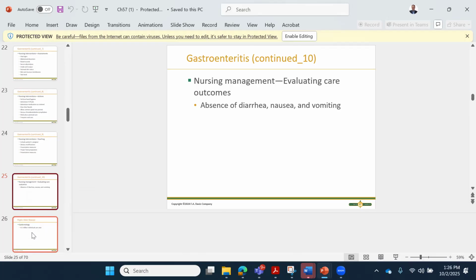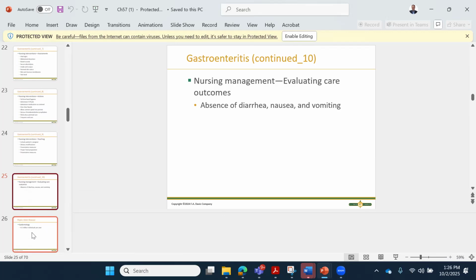Also, it's really important that we all look at what are expected versus unexpected findings. And these expected versus unexpected findings are going to vary based on which phase of the nursing process we're in.